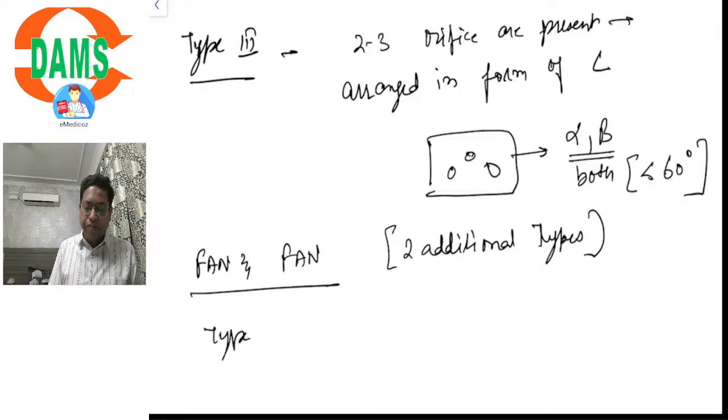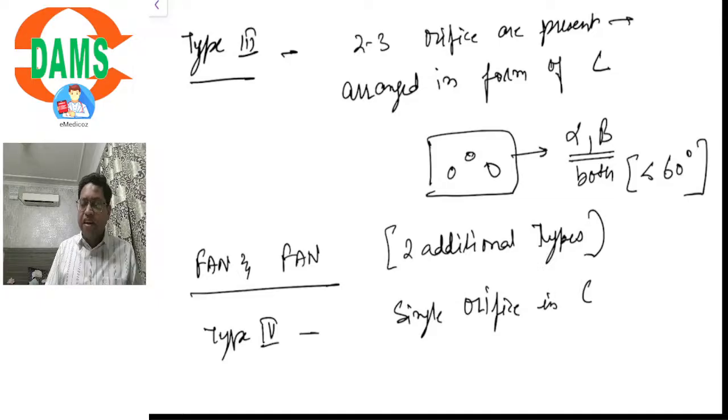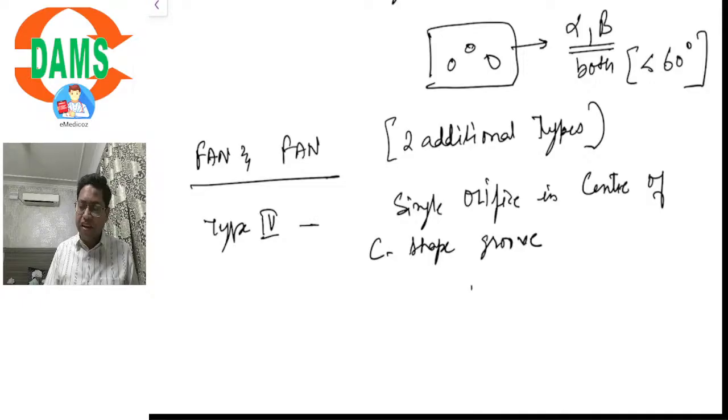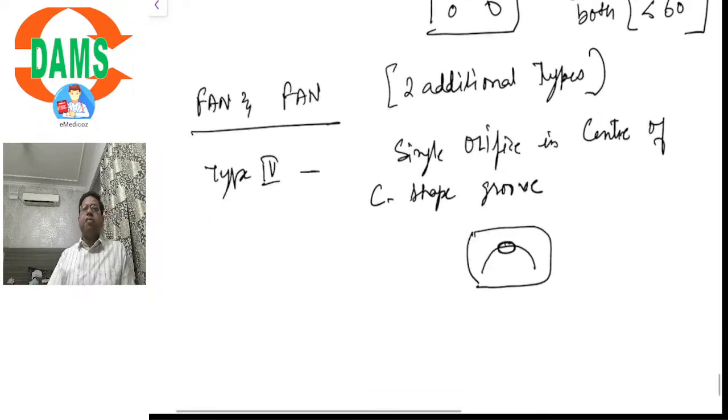Type 4: there is a single orifice in the center of a C-shaped groove. So if we look at the floor of the pulp chamber, there would be a groove and a single canal orifice available in the center of the groove.